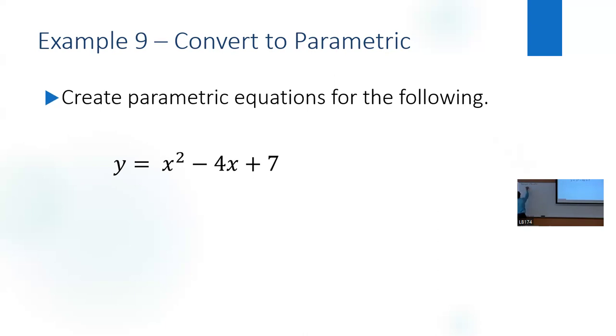Okay. So we have y equals x squared minus 4x plus 7.